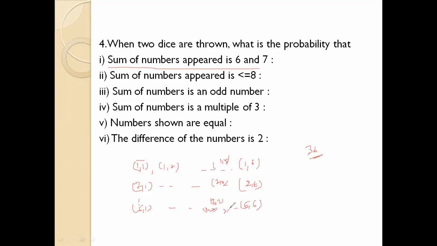So totally we get 5 cases. 5 divided by 36. Plus 7: the sum 7 cases are 1 comma 6, 2 comma 5, 3 comma 4, 4 comma 3, 5 comma 2, 6 comma 1. Totally 6 cases, 6 by 36. Total is 11 by 36. So 11 by 36 is the answer.